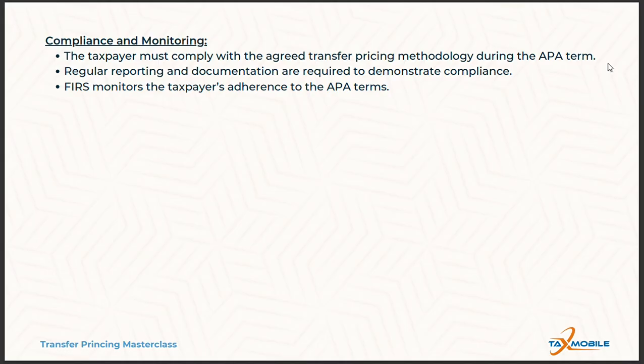Now, on the Federal Inland Revenue Service's part, they monitor the taxpayer's adherence to the advanced pricing agreement terms, and they also conduct periodic reviews to ensure that the taxpayer keeps to the terms.